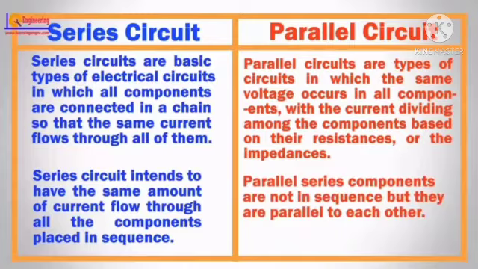Series circuits. A series circuit has the same amount of current flow through all the components placed in sequence. Parallel circuits. Parallel components are not in sequence, but are parallel to each other.